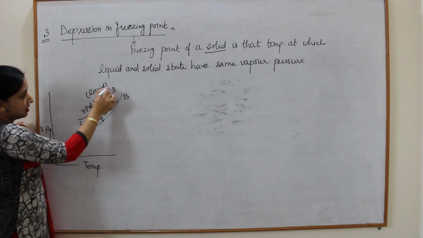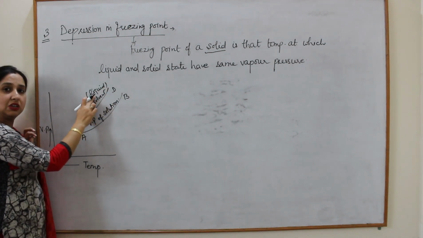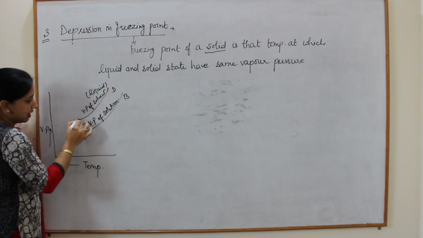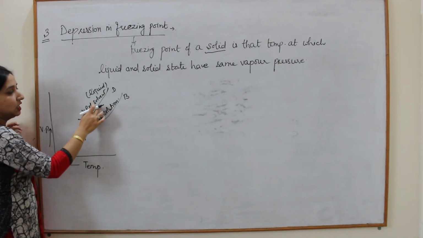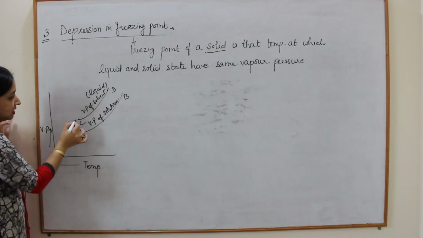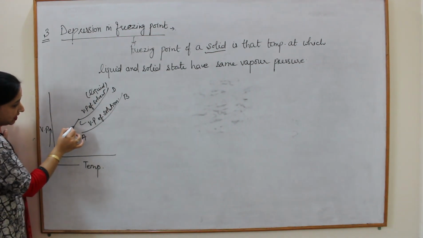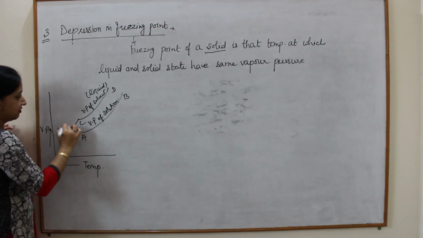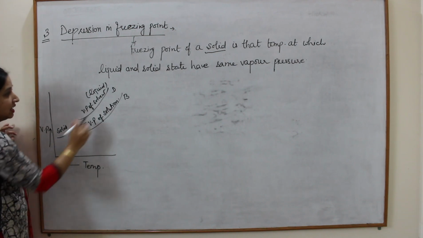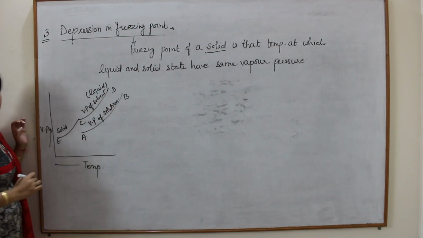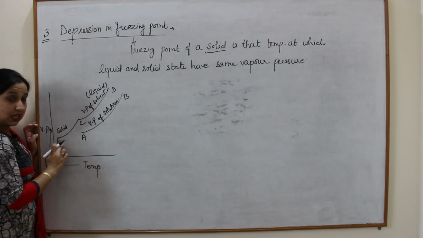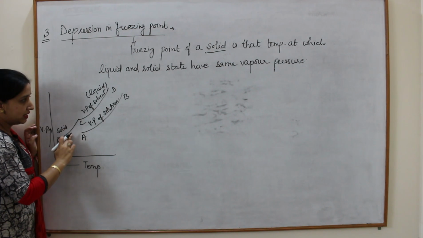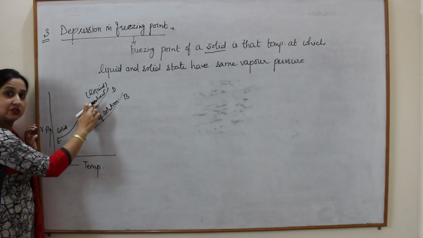So this curve represents the pure liquid state. So let's suppose this is the temperature at which liquids start freezing, means it got converted into solid state. So this portion of the graph, for example, this is C, D and this is taken as E. So this CE, or we can say EC, represent the solid state of this pure solvent.